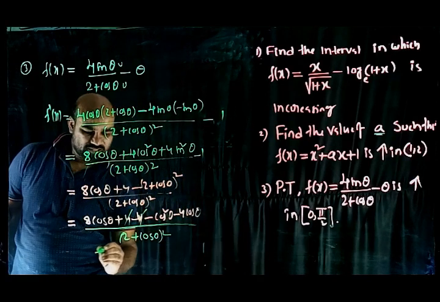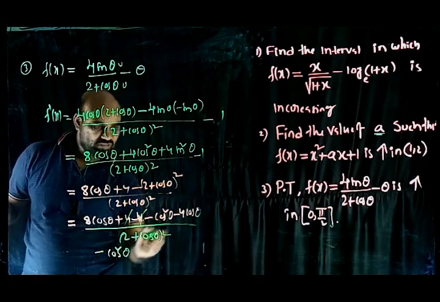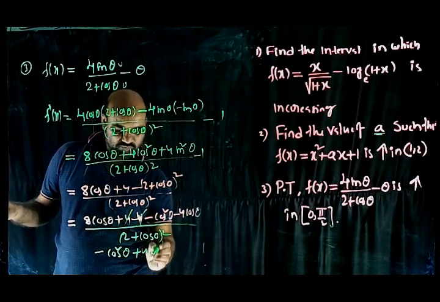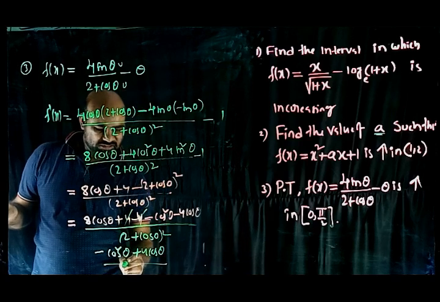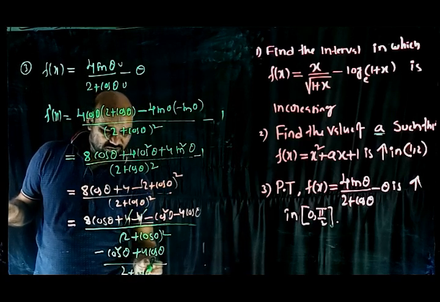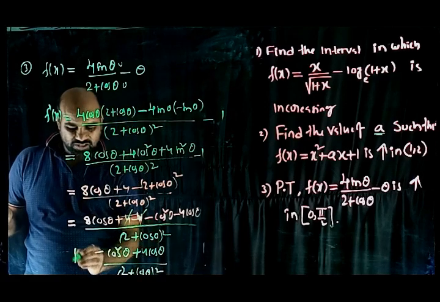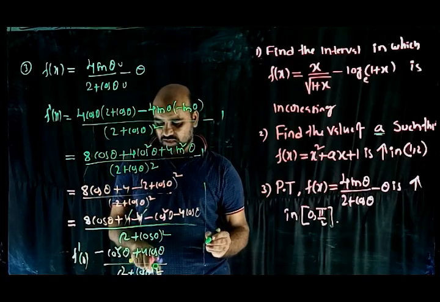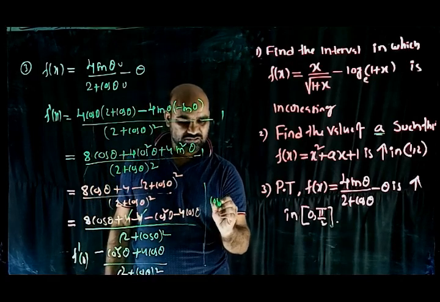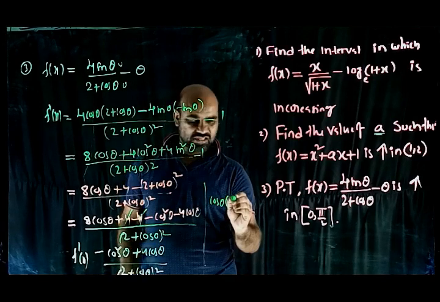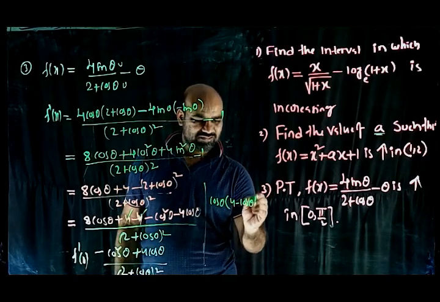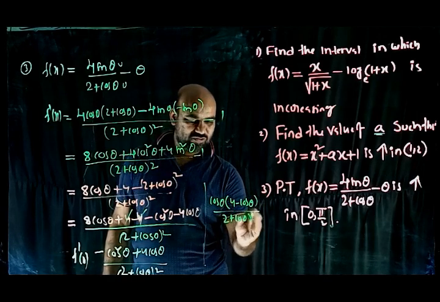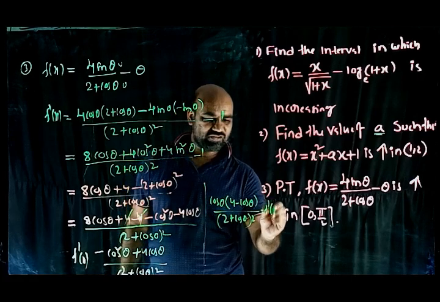Minus cos square theta plus 8 cos theta minus 4 cos theta, by 2 plus cos theta whole square. Here you can take cos theta common: cos theta into 4 minus cos theta by 2 plus cos theta whole square. This is f dash of x.